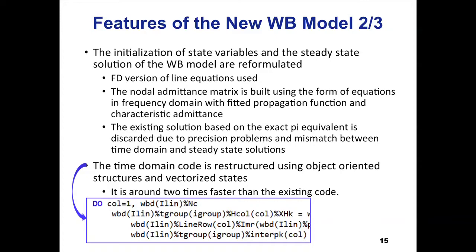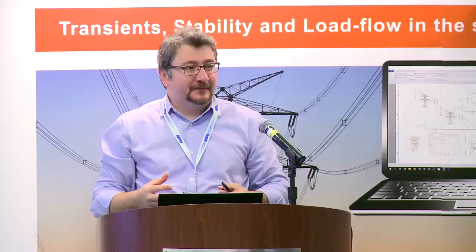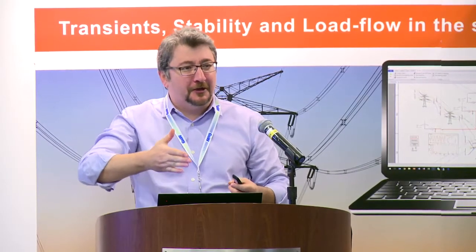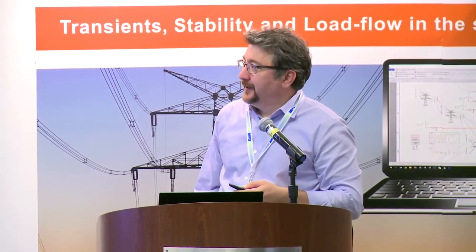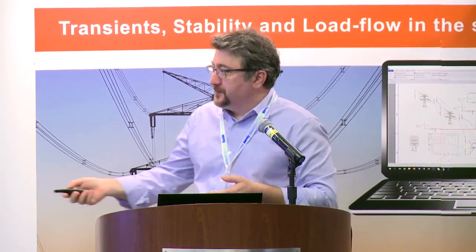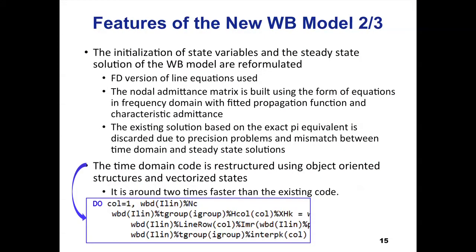So I built the nodal admittance matrix using the propagation function and characteristic admittance, their frequency domain counterparts. This gave me a perfect transition from load flow, or from steady state, to time domain. And of course we used object-oriented structures, so we don't have these 5-dimensional arrays.